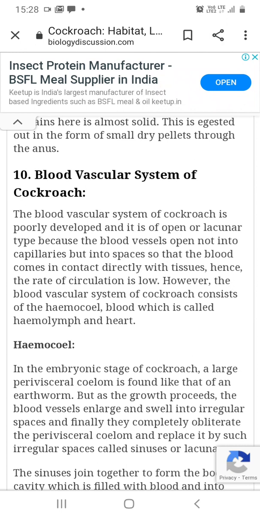In case of cockroach, or we can say that in case of insects, the blood is called the hemolymph. It is a colorless liquid containing specific cells called hemocyte and plasma.